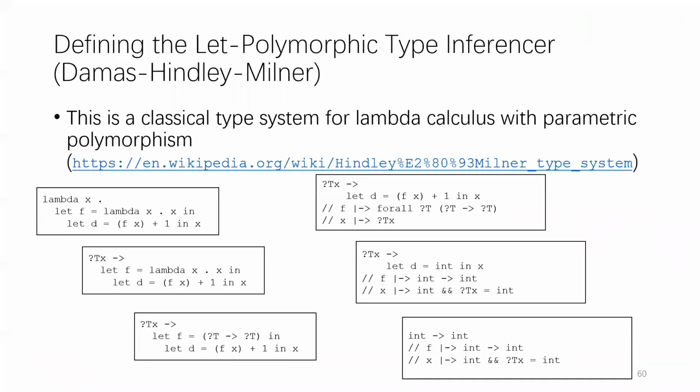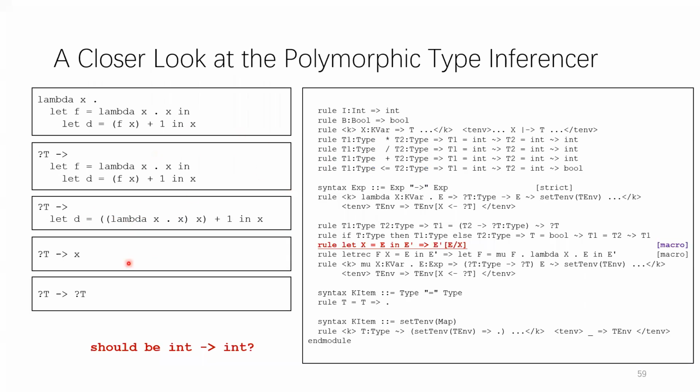So let me start with these slides, right? We have this program, and if we type it using the previous polymorphic type system, because of beta reduction, it will type it as alpha arrow alpha. The reason is that this let d is never used, because by beta reduction, you keep going.